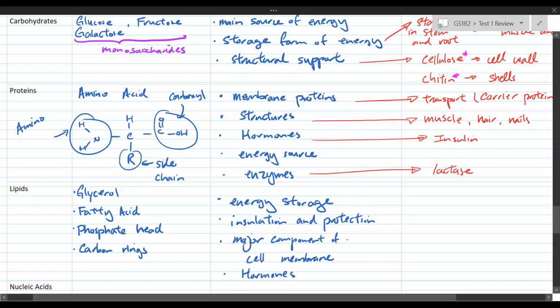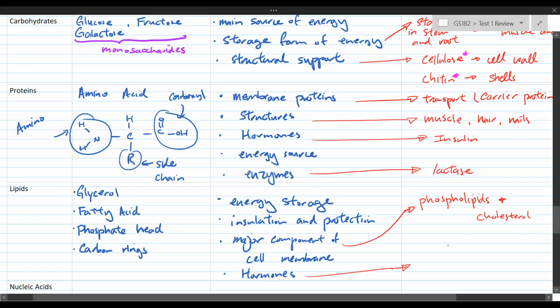In terms of major component of cell membrane, that would be the phospholipid. And also cholesterol, right? Cholesterol helps control the fluidity of the cell membrane. More cholesterol, more fluid. Hormones, anybody? You must remember this, right?